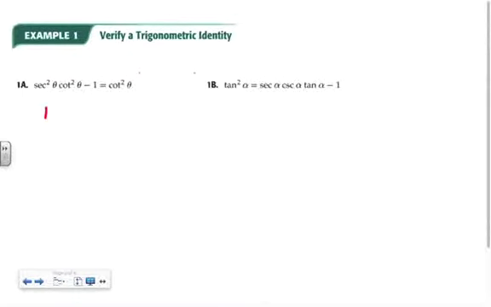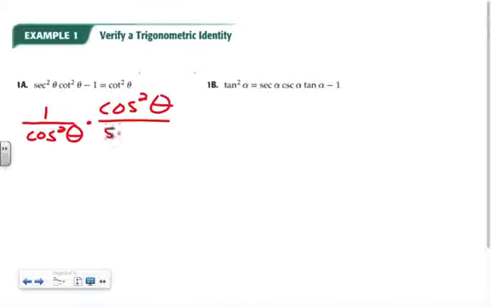So I've got 1 over cosine squared of theta times cosine squared of theta over sine squared of theta. And I notice that I can cross cancel these and get 1 over the sine squared of theta.